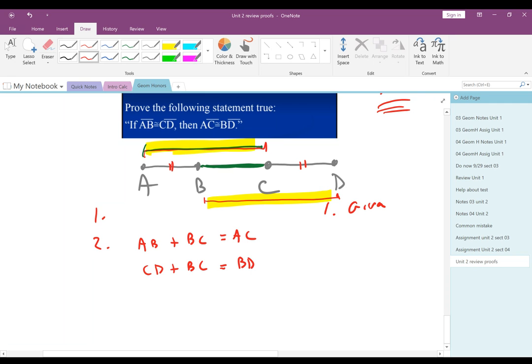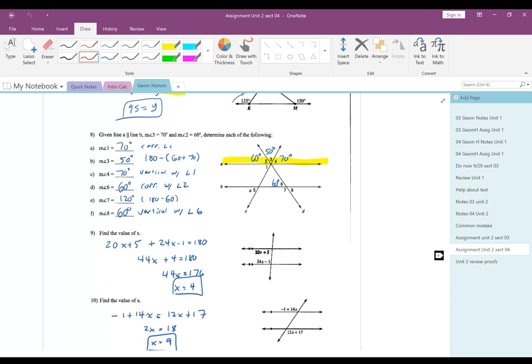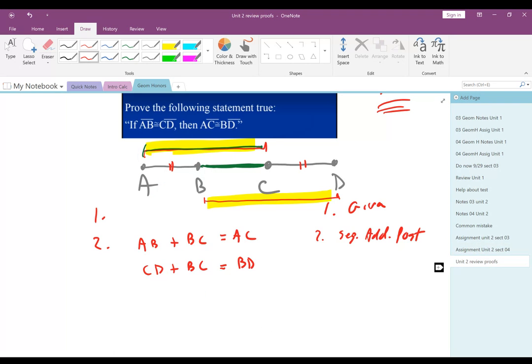That way we get AC involved and we get BD involved. We know we've got to get those lengths involved because of what we want to prove. And that is simply the segment addition postulate, which I let you abbreviate as seg add post.